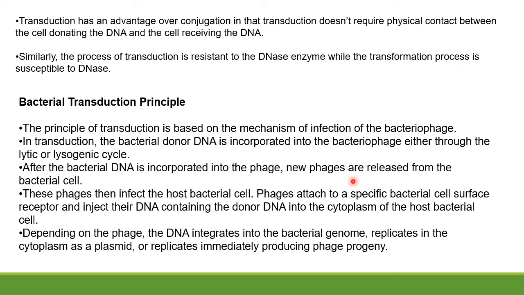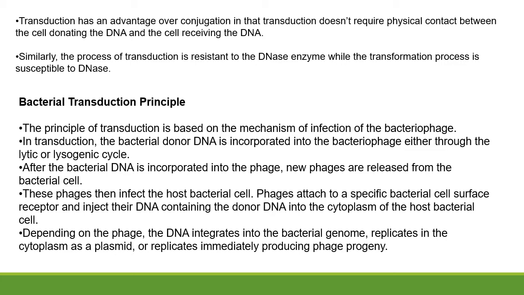Now, these phages infect a bacterial host cell. Phages attach to the specific bacterial cell surface receptor, and they inject the DNA containing the donor DNA into the cytoplasm of the host bacterial cell.